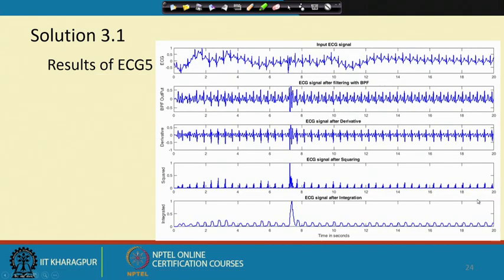So, next we go for the ECG 5 signal. In ECG 5, for the first time we are seeing baseline wandering. Here are the places where baseline wandering is very prominent. In this portion the baseline wandering is not there so much.